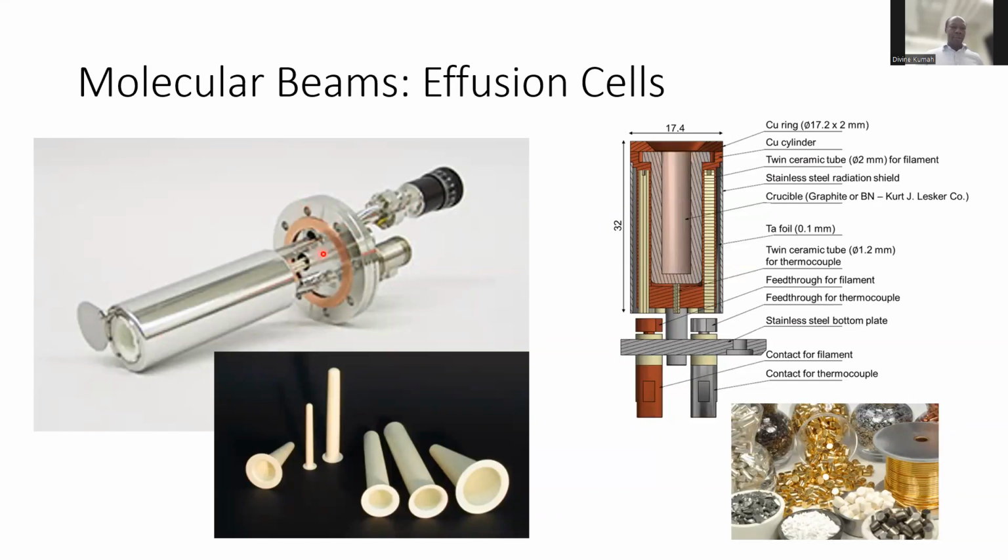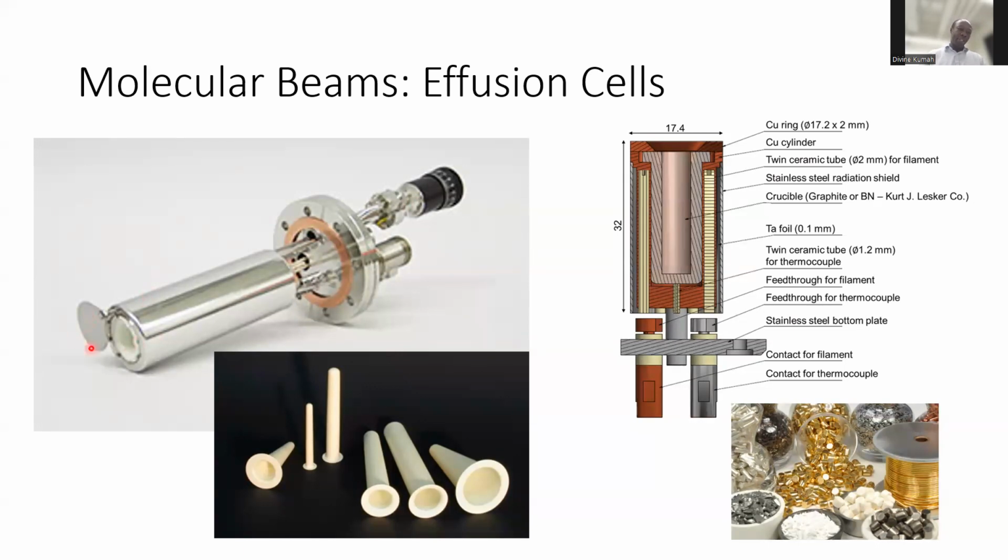This part of the system sticks into your vacuum system, and you have these things called copper gaskets, which allow you to form a really good seal between the chamber and the outside. You don't want gases leaking from the outside. You want a really good, clean, low-pressure vacuum system inside the chamber.